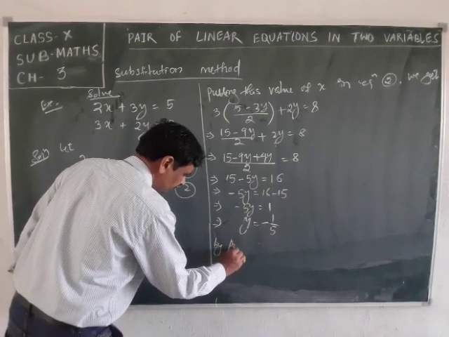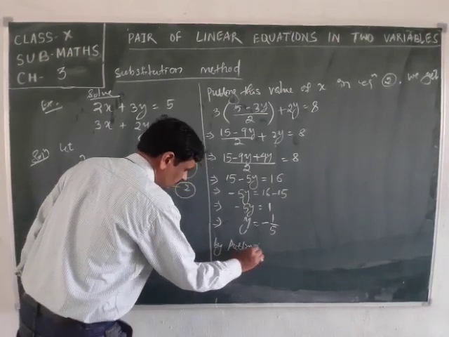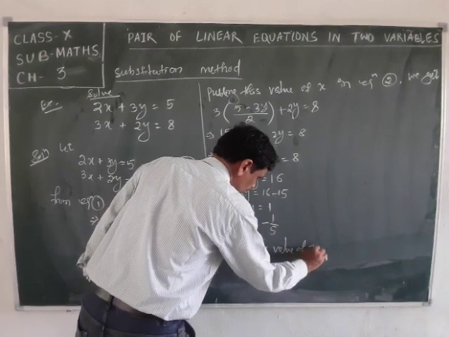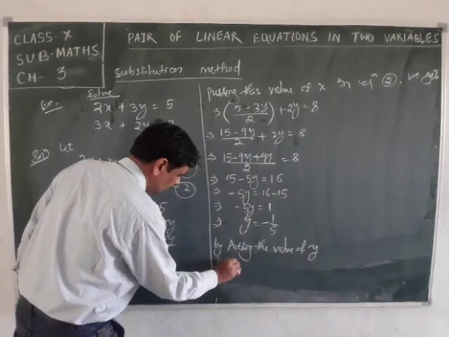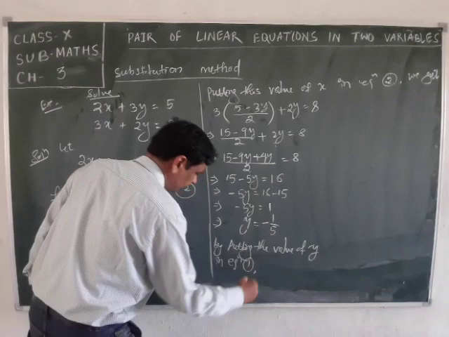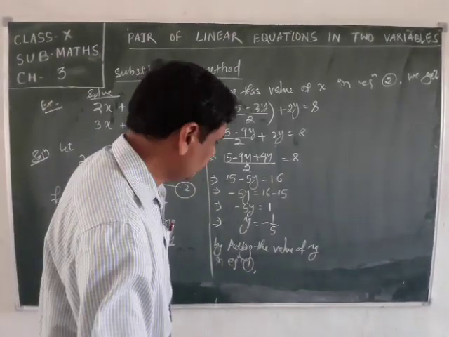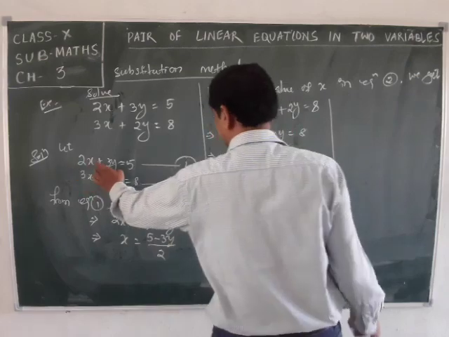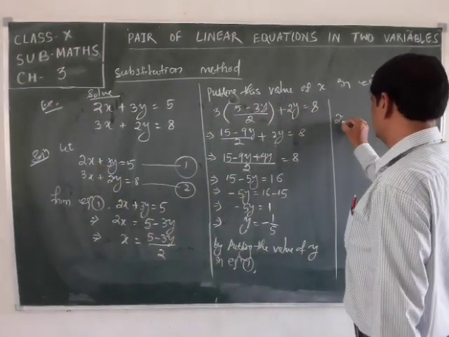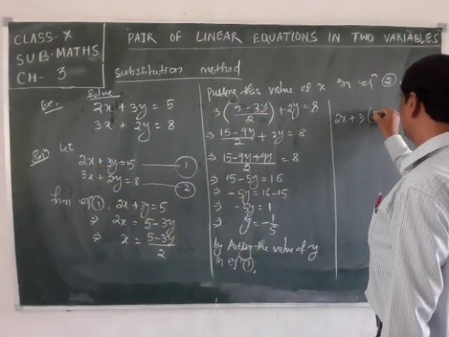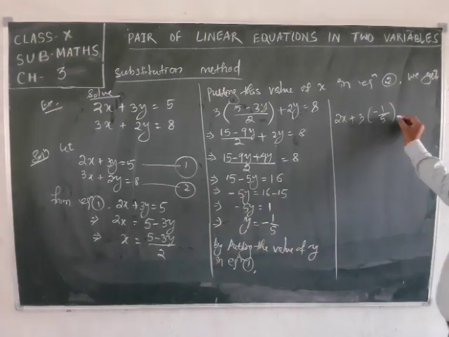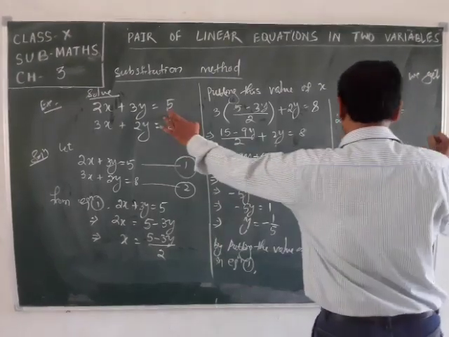By putting the value of y in equation 1, here we will get 2x plus 3 into y, 3 into minus 1 by 5, is equal to 5.